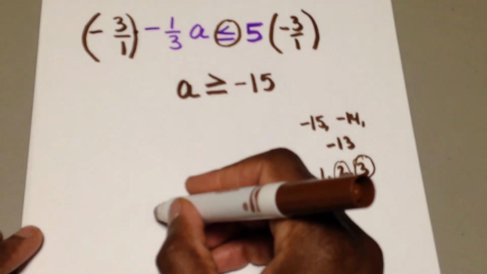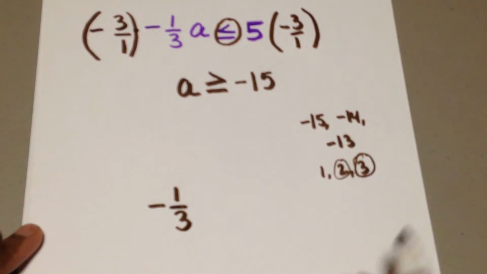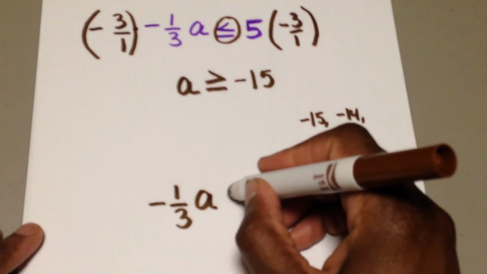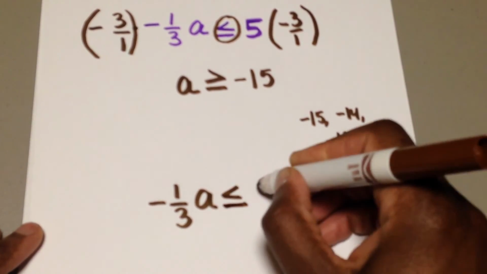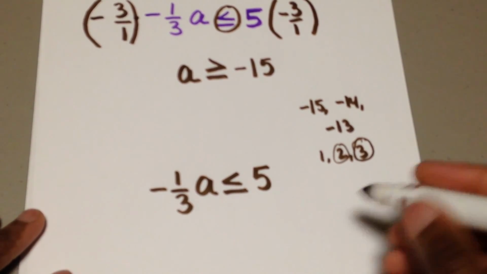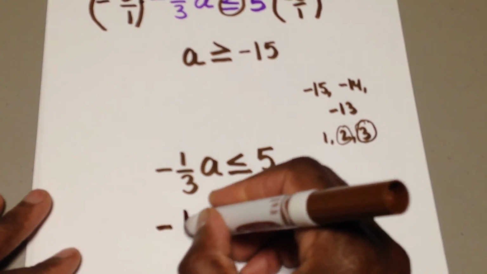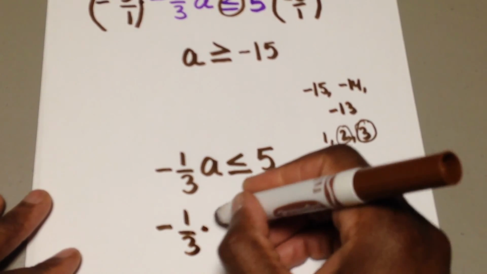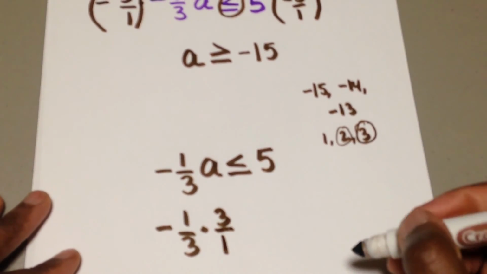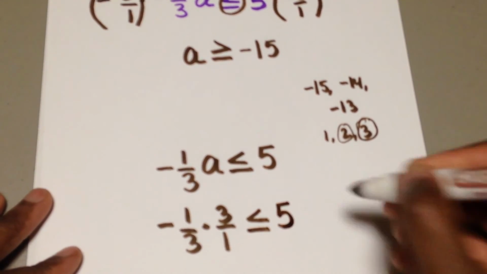Watch what I mean. If I have negative 1/3 multiplied by a, and it has to be less than or equal to 5, let's try 3. 3 will be easy to use because if I multiply negative 1/3 by 3, I can turn it into 3 over 1, and I want to see if that's less than or equal to 5.